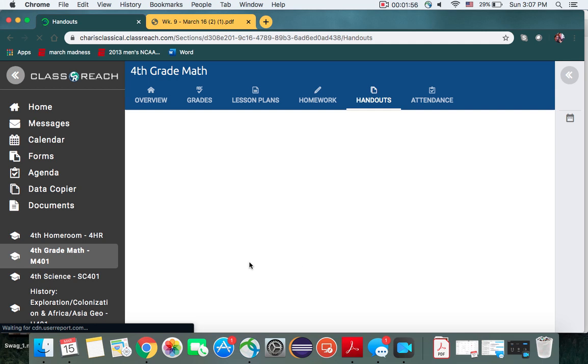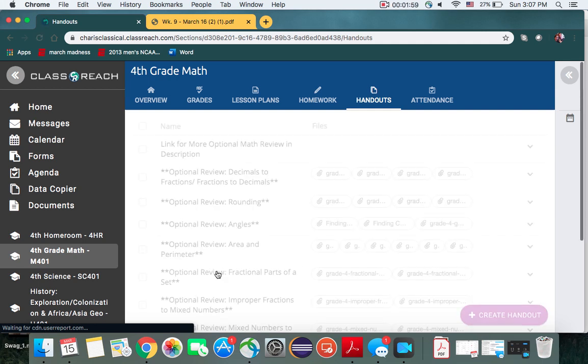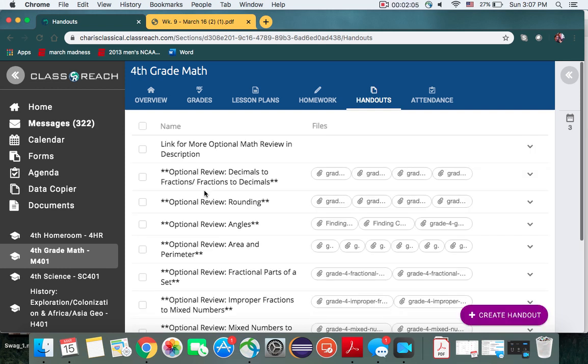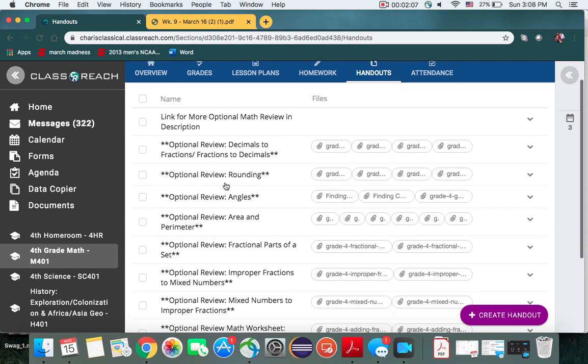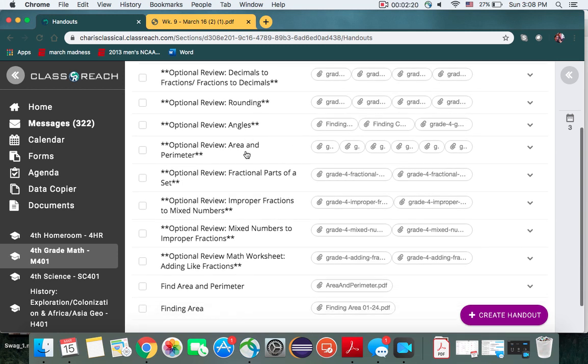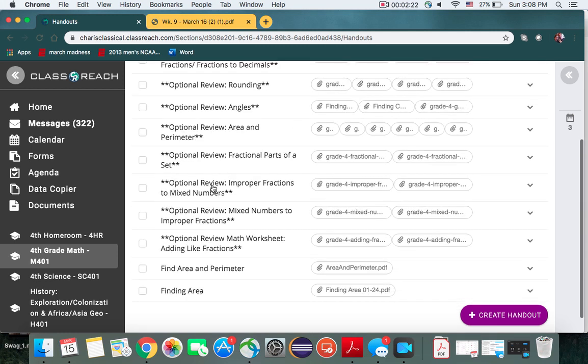When it pulls up, you'll see there are some review worksheets on different things that we've learned throughout the year. So, optional review for decimals to fractions, rounding, angles. Rounding might be a good one to start with today. Actually, I encourage you to maybe do a rounding review since we're going to be doing some decimal rounding. So, a good refresher. Angles, area and perimeter, fractional parts of a set.